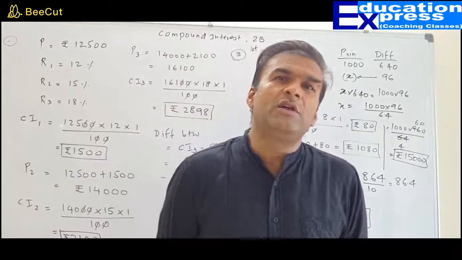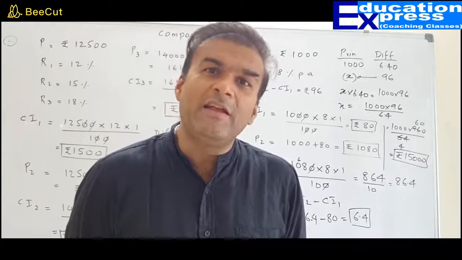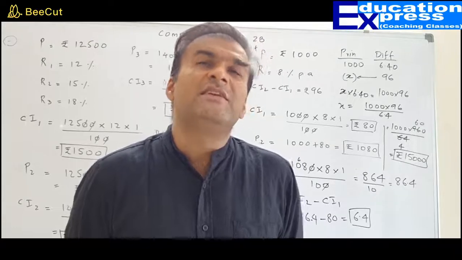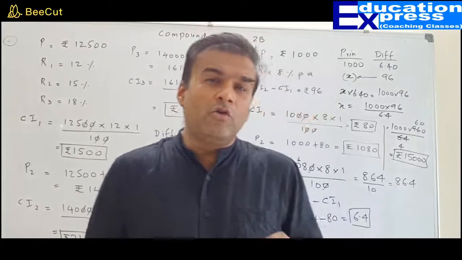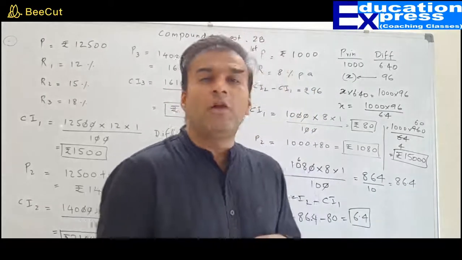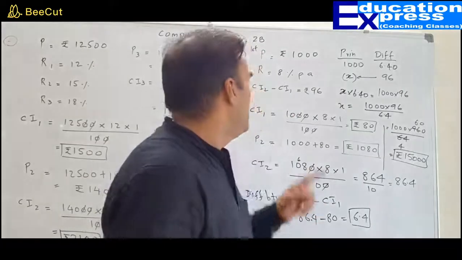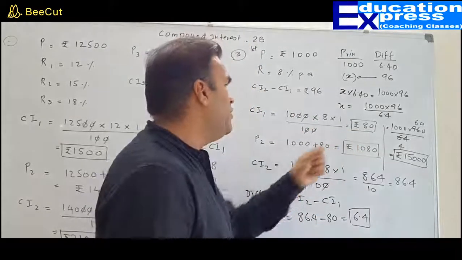So I had the option. I could have taken 100, I could have taken 1000, I could have taken X also. Of course, following the principles of mathematics, I would want my calculation to be simple and easy. So what I thought, if I take 1000, my compound interest for first year I calculated the normal way, same to same, 80 rupees.